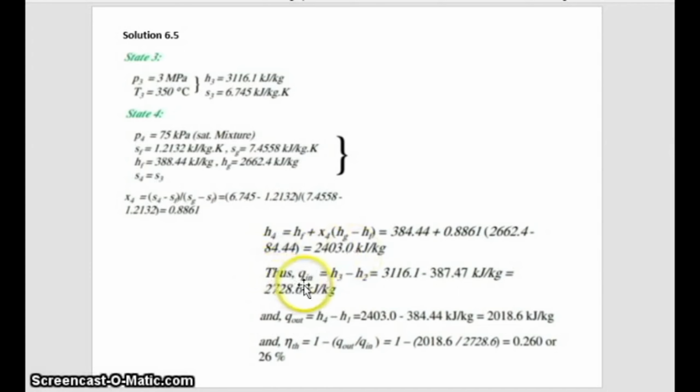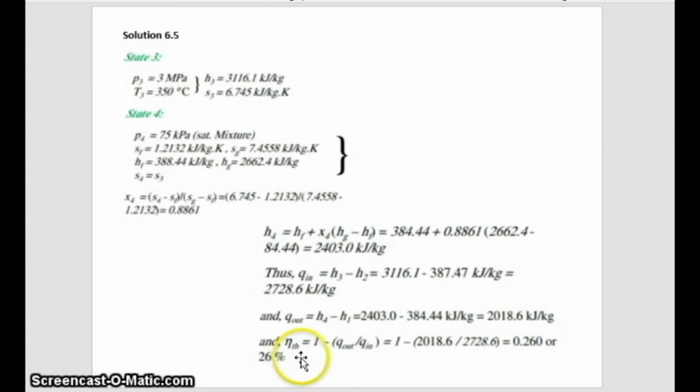To find Qin, using the knowledge that you have, Qin is h3 minus h2. Just put in the values, then you will get Qin, and also Qout using the equation.